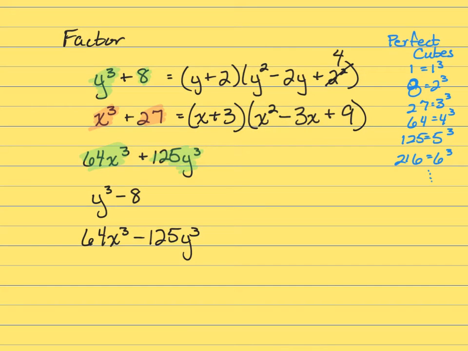Now, these are always going to be the signs. If this is a plus, then you'll always have plus, then minus, plus. What we're factoring here are what are called sums of cubes, right? We're adding two cubes together, and so this is how they will factor.